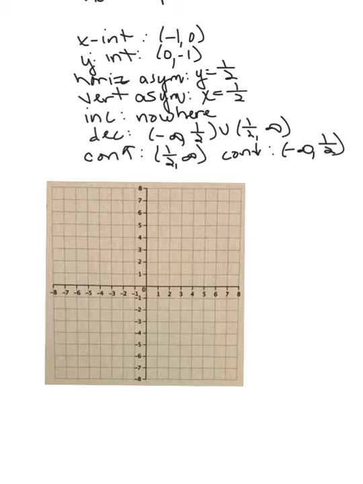I have summarized all of our information again so that we can sketch our graph. We have an x-intercept at -1, 0, a y-intercept at 0, -1. We have a horizontal asymptote at y equals 1/2.